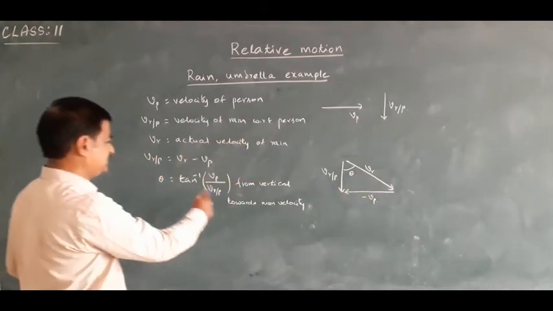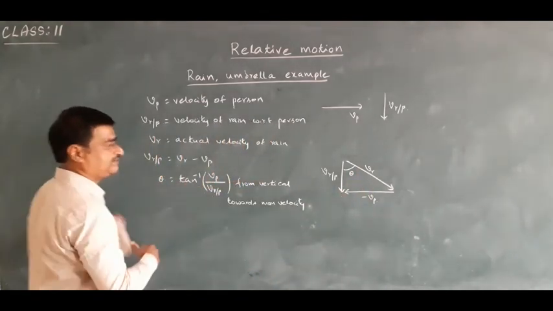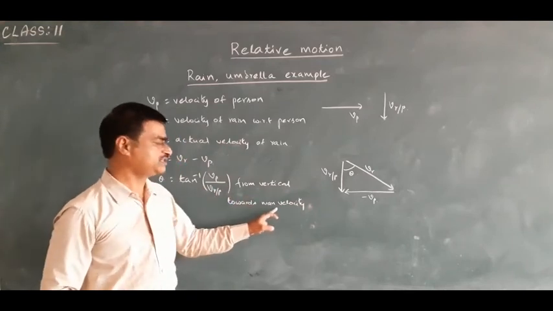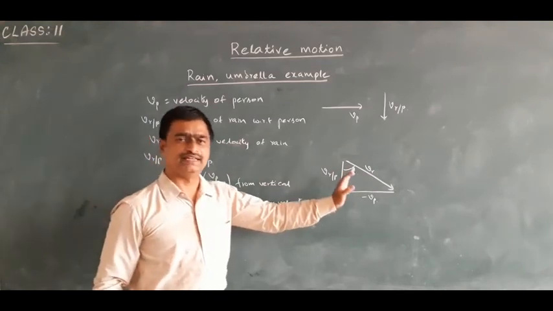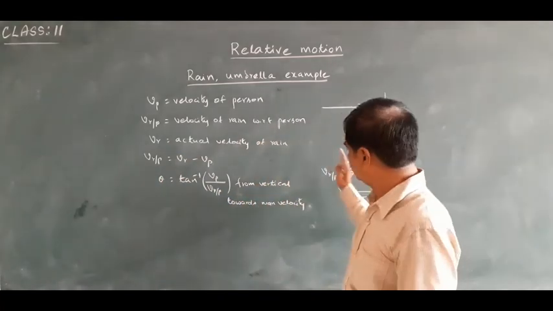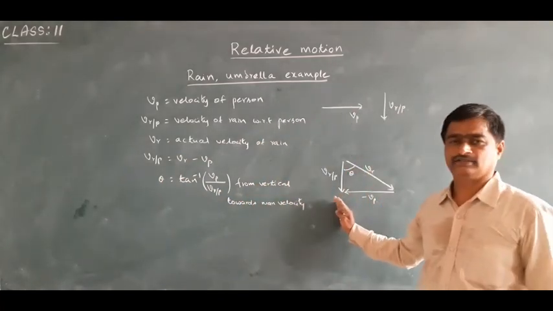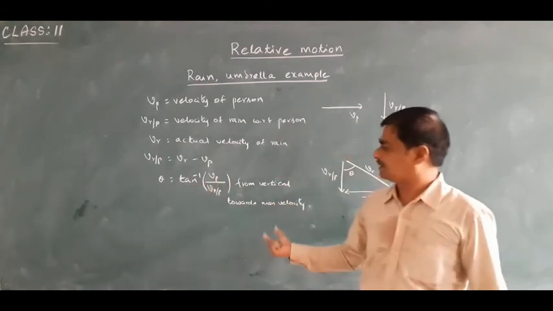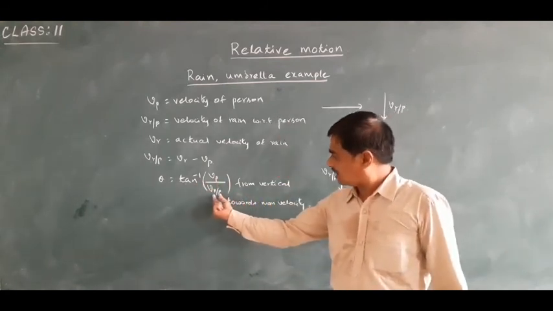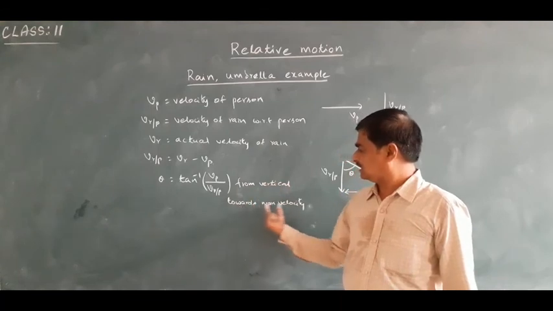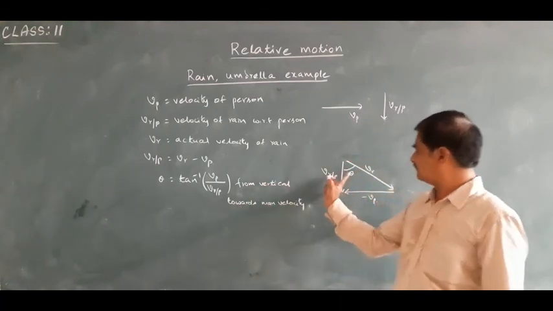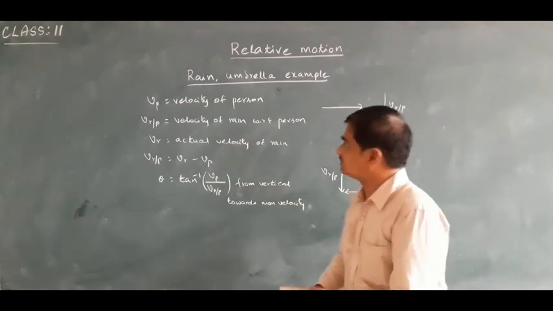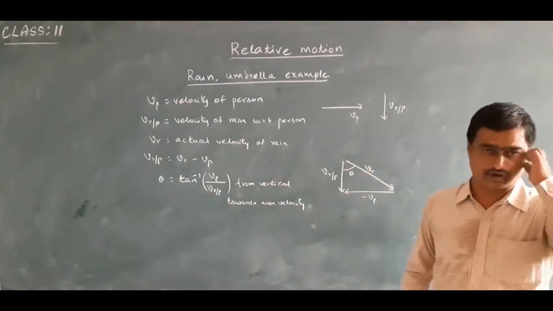From that triangle, theta is equal to tan inverse of Vp by V_RP, from the vertical towards the velocity of the man. Don't bother about the sign here, because we are calculating theta accordingly. We just take the magnitude. This is how we solve this problem.